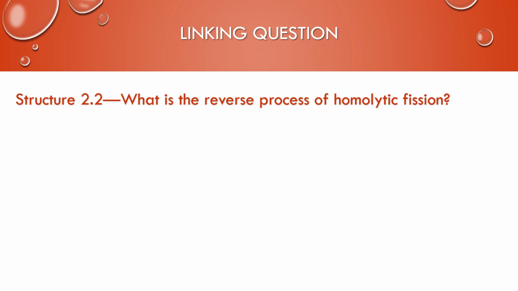So in structure 2.2, what is the reverse process of homolytic fission? Well, if we think about the forward reaction, which is really initiation, right? I'm going to use bromine. You're forming 2 bromine radicals. The reverse reaction of that would be to take the bromine radicals and add them together to form the Br2.